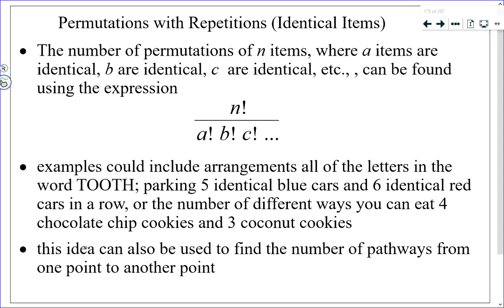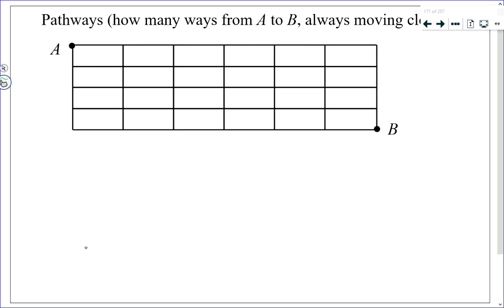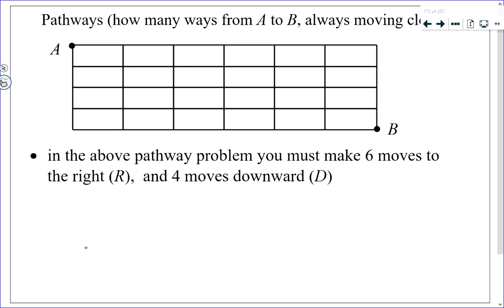We use this idea to find numbers of pathways. We've kind of done this one to death, but let's go through it one more time. If I want to know how many ways I can go from A to B, always moving closer, I must make 6 moves to the right. If you count those blocks, I have to move to the right 6 times, and I have to move down 4 times. And I don't have to move to the right in my first 6 moves.